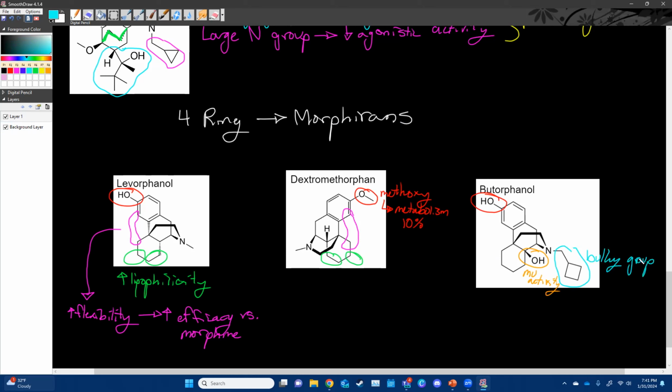And so just like we saw with nalbuphine and the mixed agonists, we get mixed agonist antagonist activity. So again, we're increasing affinity, but then we're blocking it off. So this is how we get that kind of tug of war again between them. Not terrible, right? Not too bad.